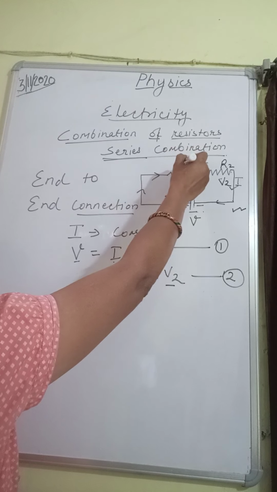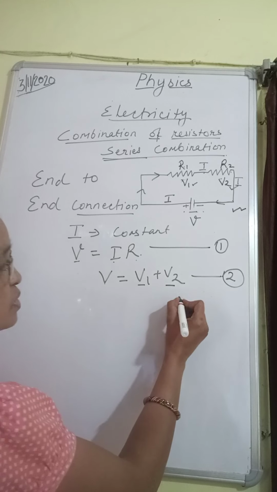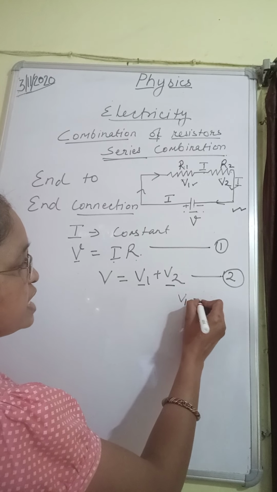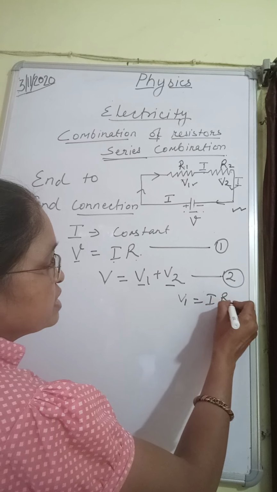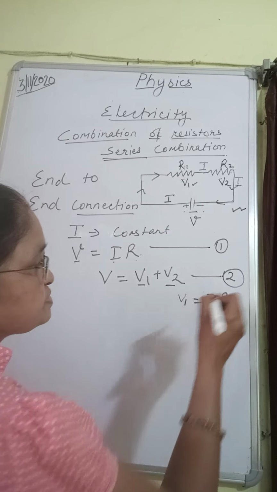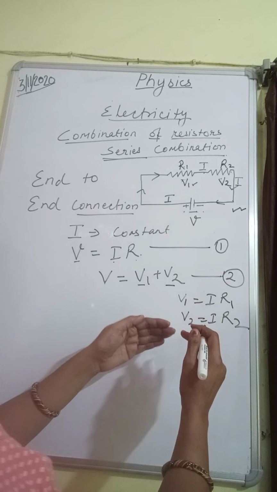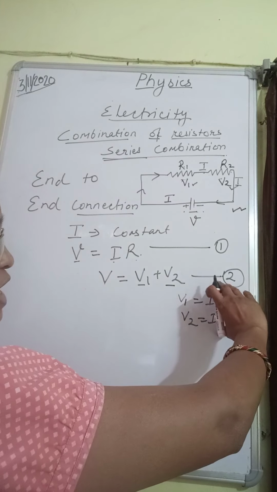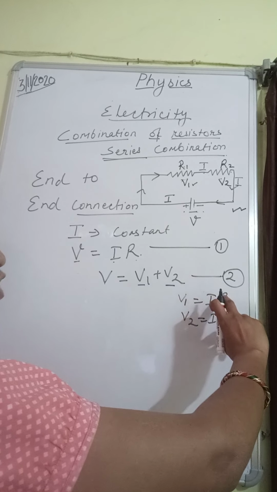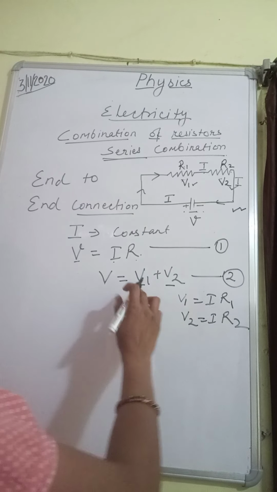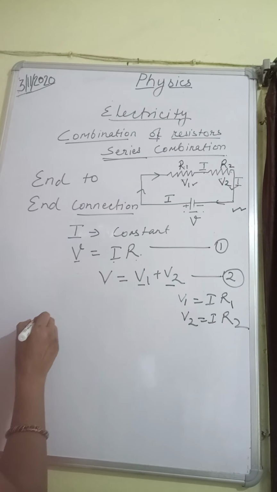V1 for R1, let me denote V1, we can write as IR1. V2 is IR2. When we combine both, that means put the values of V1 and V2 in equation 2, we write V is equal to IR1 plus IR2.